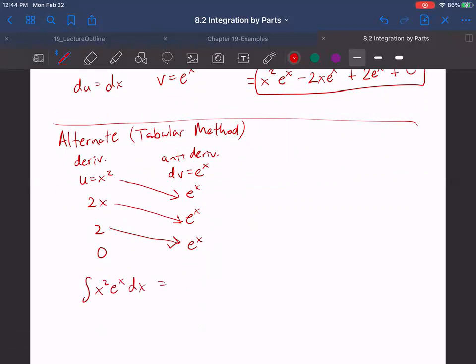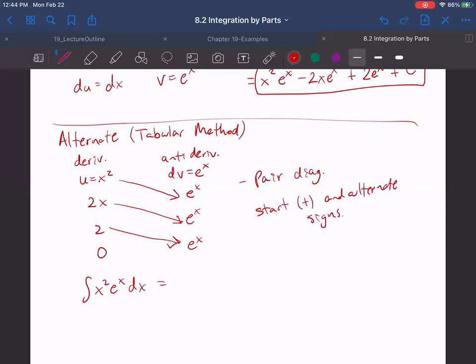And what we're going to do is pair them diagonal like that. And then we're going to start with a plus and alternate our signs. Okay?